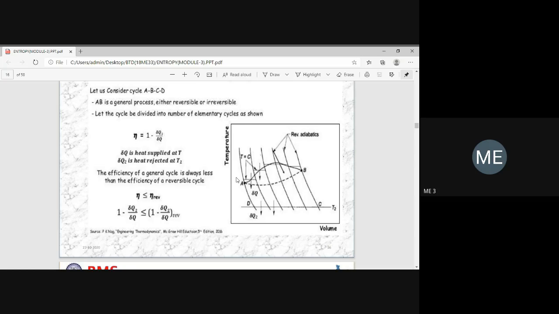All the cycles are Carnot cycle type, with two reversible isothermal lines and two reversible adiabatic lines. You consider one of the Carnot cycles in which dQ1 is the heat added to the cycle reversibly at constant temperature, and dQ2 is the heat rejected from the cycle at constant temperature. We consider one of the cycles.